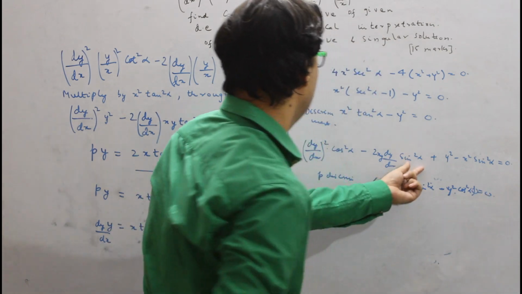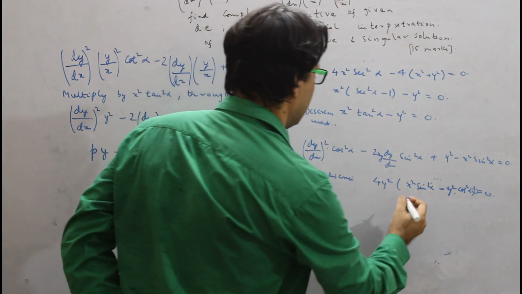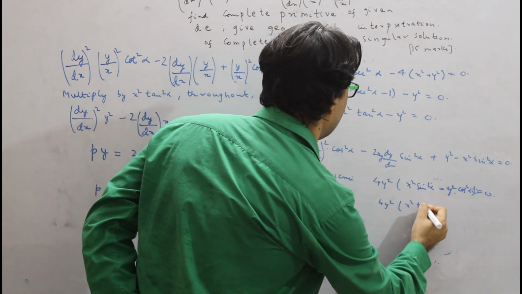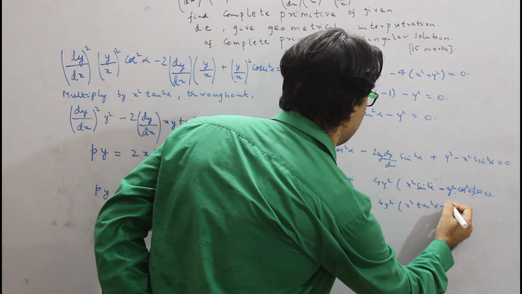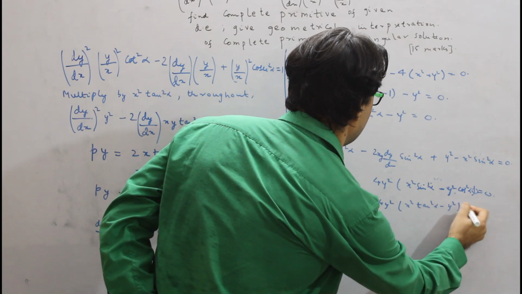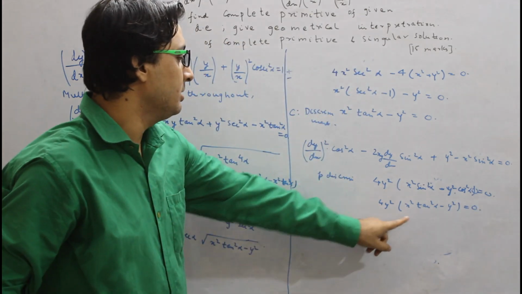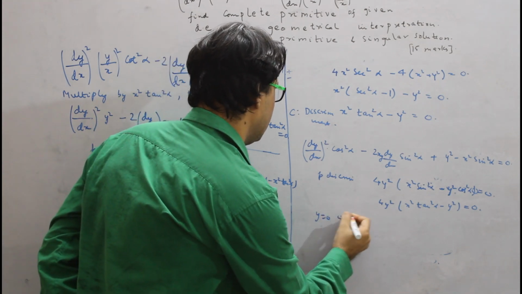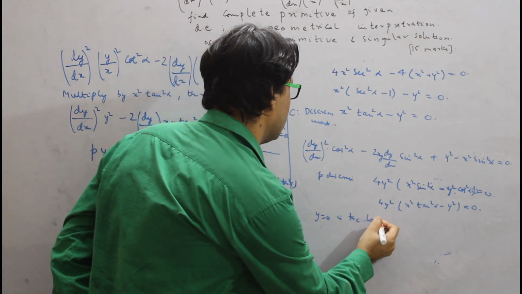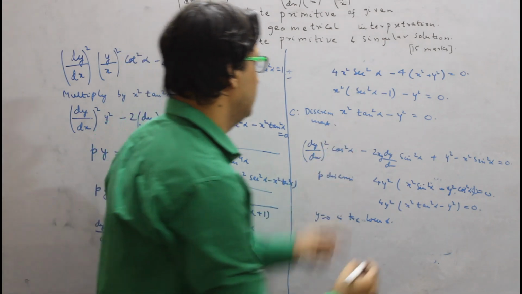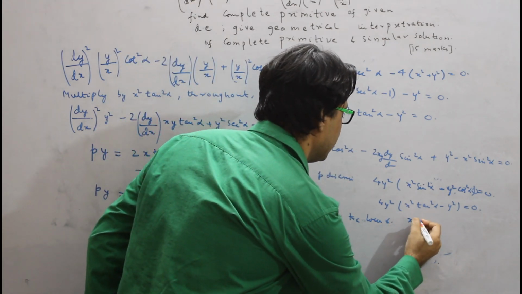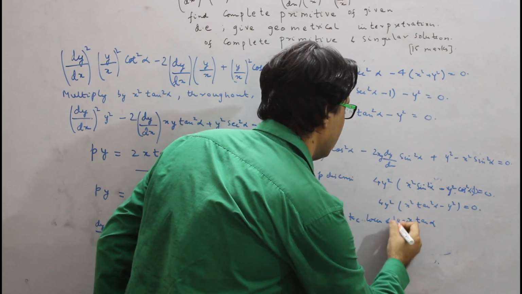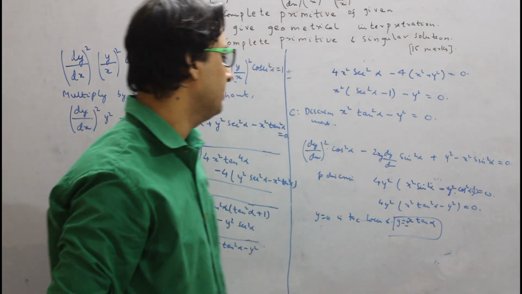If we compute the p discriminant over here, this gives us x square tan square alpha minus y square equal to 0. So we are clear that y equal to 0 is the tac locus, and the singular solution is y equal to plus minus x tan alpha.